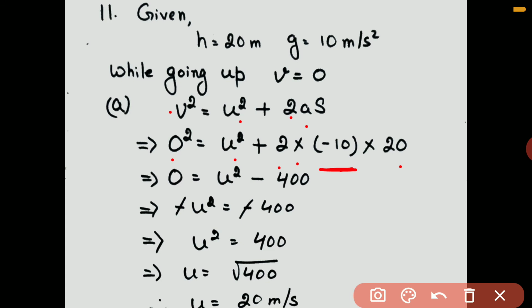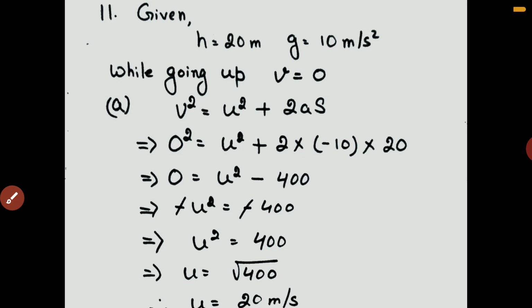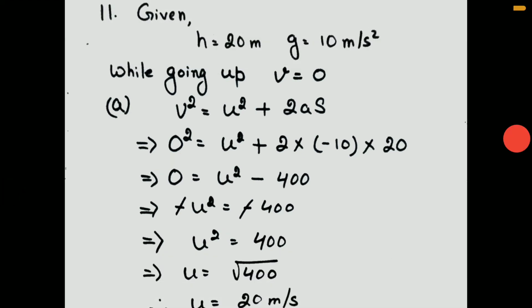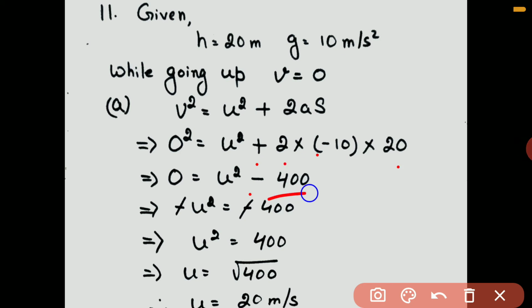This is the distance traveled by the ball. Therefore 0 into 0 will give me 0, u square comes here, plus into minus will give me minus, 2 into 20 into 10 is giving me 400. So again taking u on the other side, it becomes minus u square equals minus 400, minus and minus get cancelled, right?